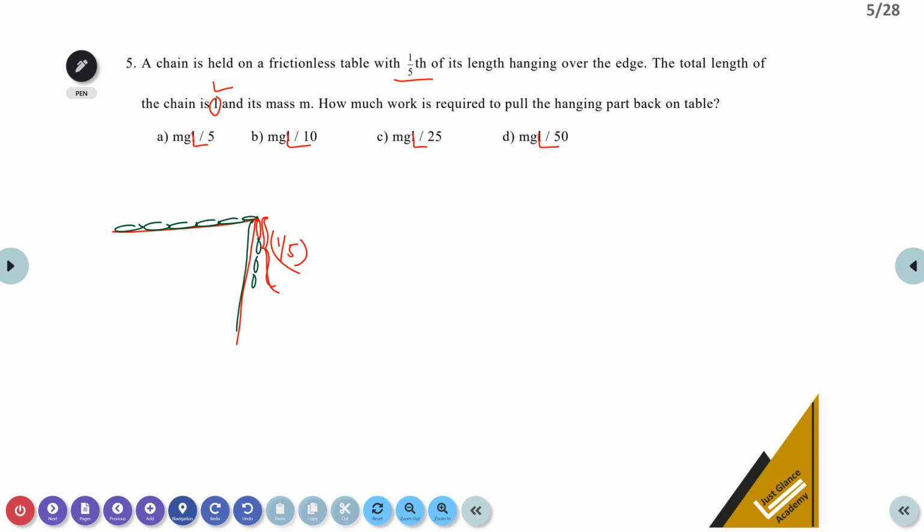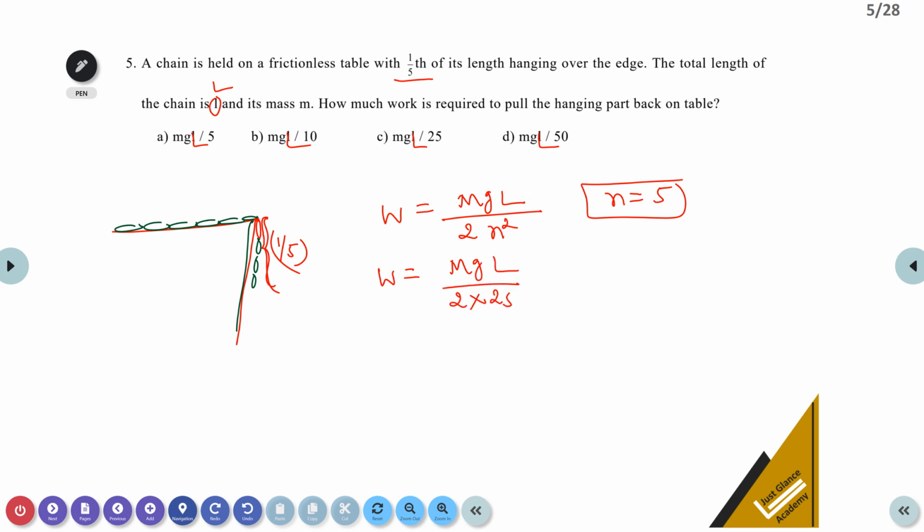In this case, work done equal to, in such kind of problems, mgL divided by 2n square. This is the shortcut method, where n equal to 5 here. Suppose it is 1/3 of the chain, that means n equal to 3. Now substitute here, work done equal to mgL divided by 2 into 5 square equal to 50.